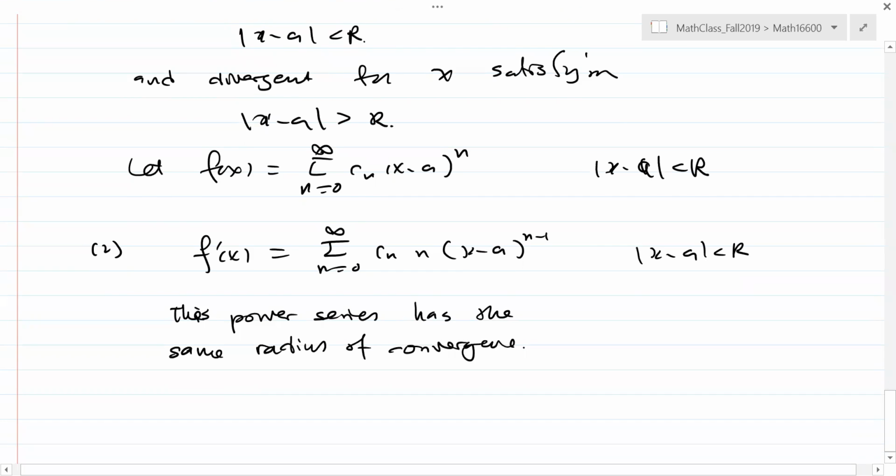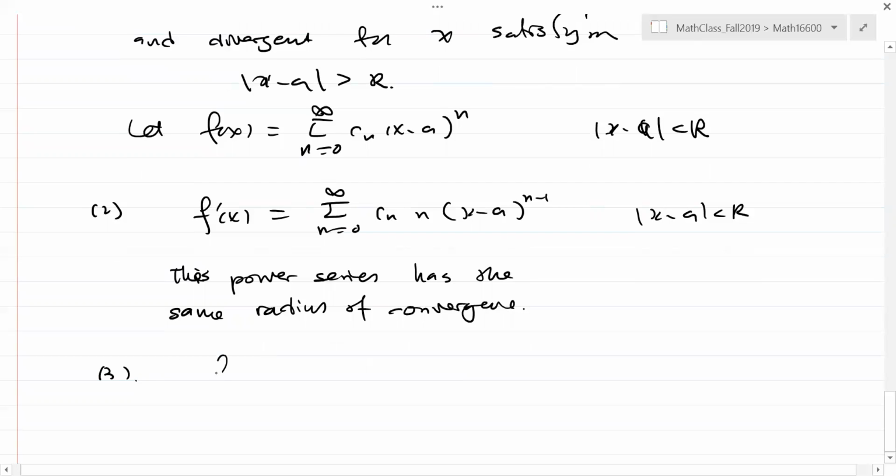It's possible that at the endpoints, when x - a equals plus or minus r, the original power series is conditionally convergent but the new power series is divergent. We don't care about it.